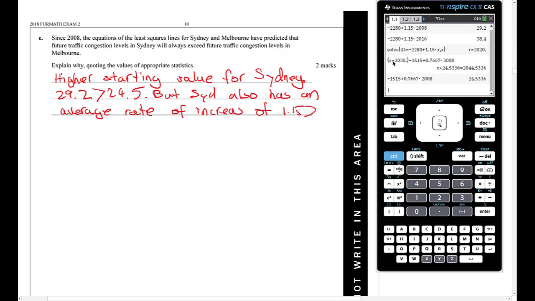And this is bigger than Melbourne's, which is 0.77. That means Melbourne's never going to catch up. They're starting lower and their rate of increase is also less.